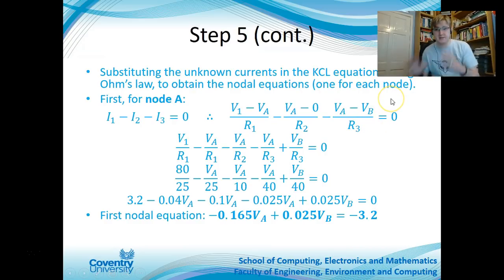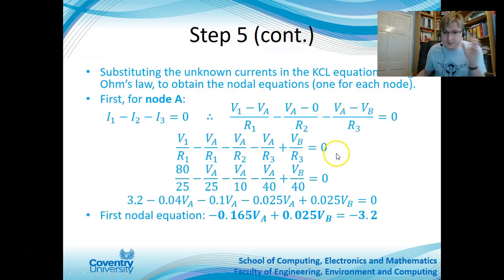You could then obviously expand out each of those division signs to end up with V1 over R1 minus VA over R1 minus VA over R2 minus VA over R3 plus VB over R3. And you're probably wondering, why is that a plus? Because you've got a minus sign here and a minus sign here, so the two negatives will make a plus.